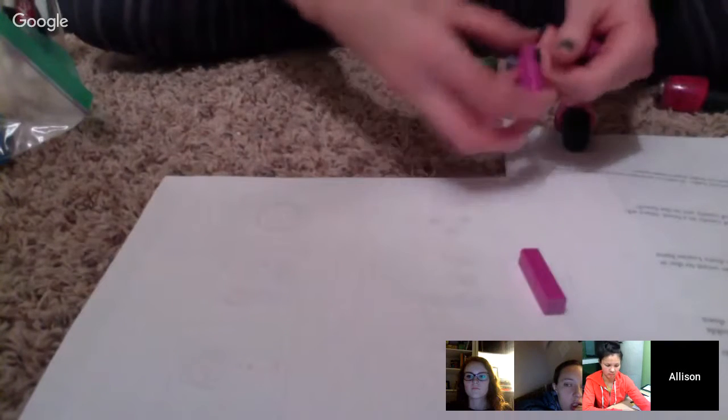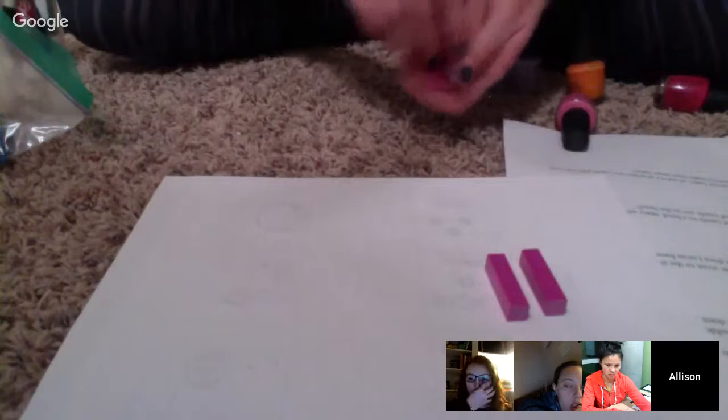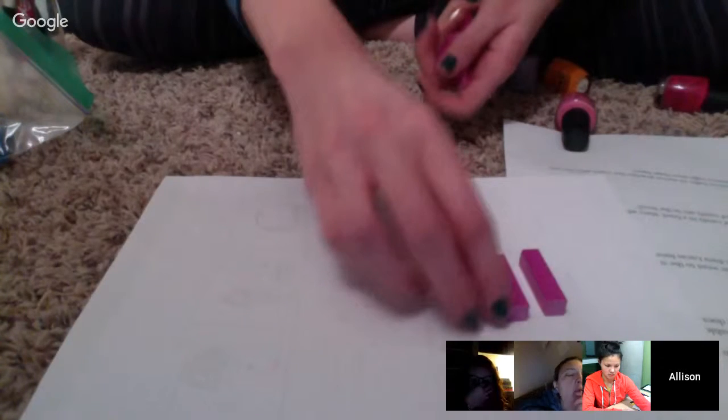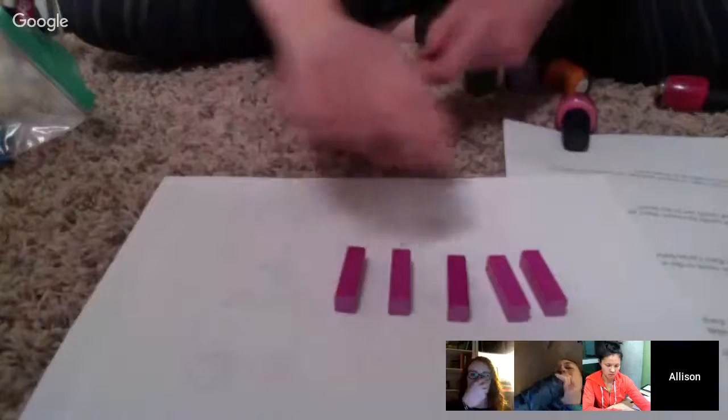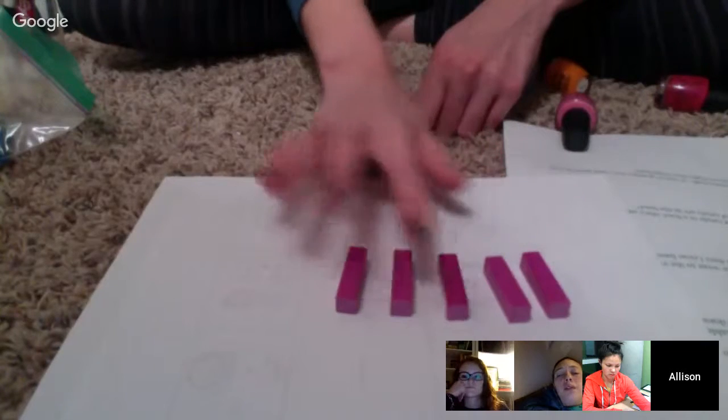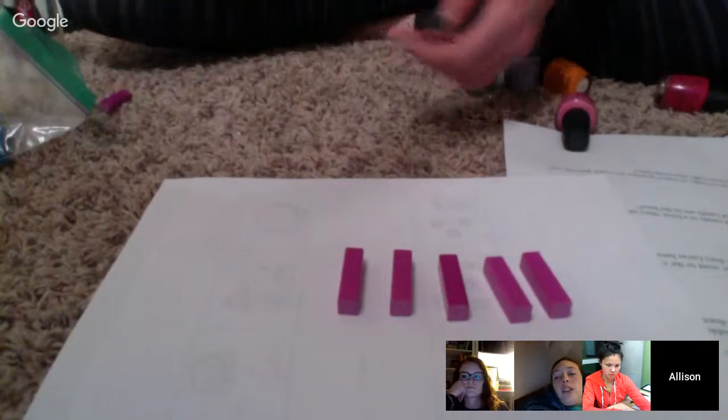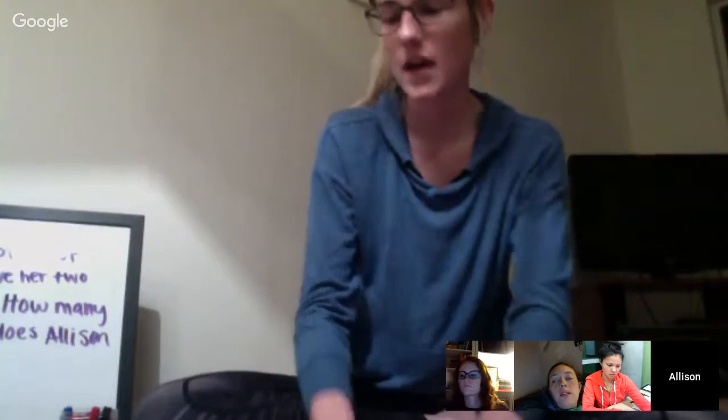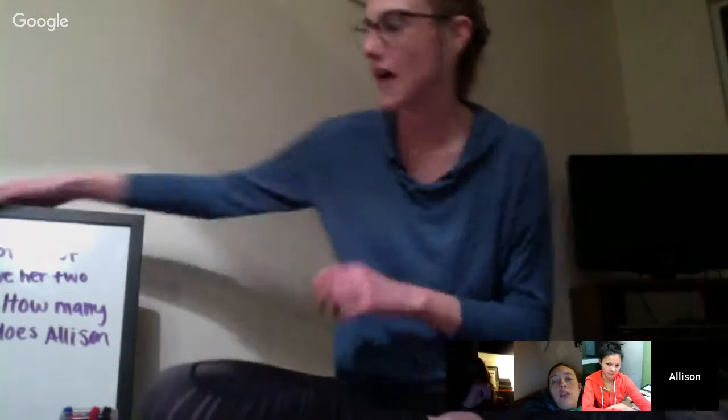And then the second would be the Cuisenaire rods from 157. So I would lay them out and say, if Allison has 2 bottles of nail polish, and then Ashley gives her 3 more, count up and see that she has 1, 2, 3, 4, 5 bottles of nail polish. And then the last way I would do it is just the classic.